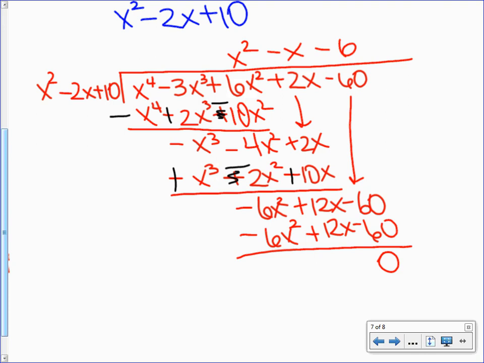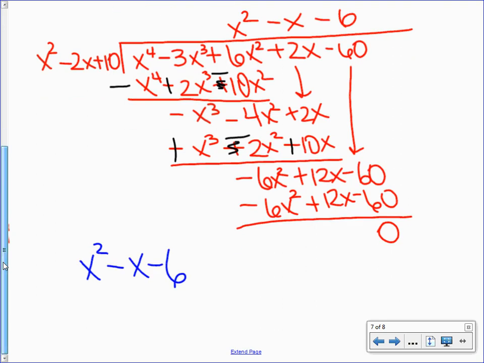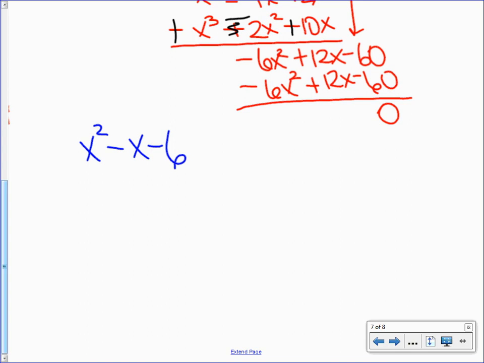So, what we have left, when we divided out those imaginary zeros, is x squared minus x minus 6. What does that factor to? Okay.